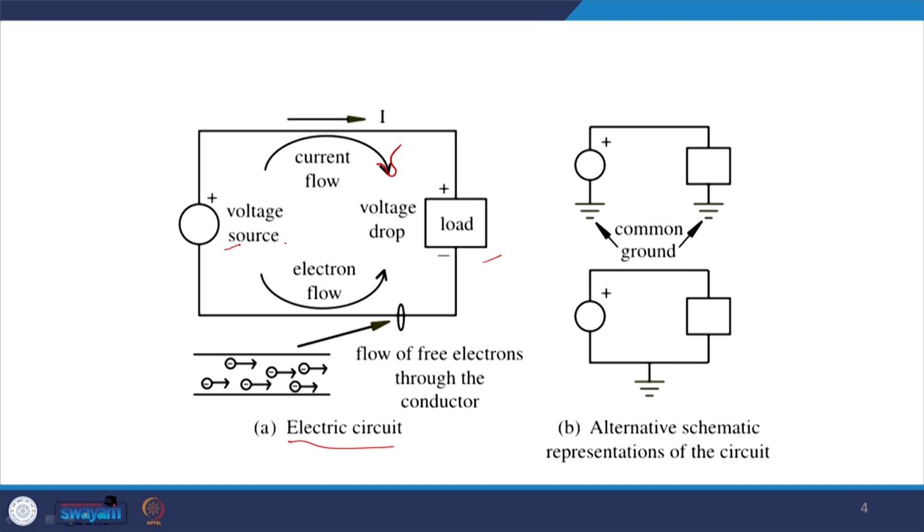There could be an alternate way of representing these circuits. Here we have a source and a load, and one end is grounded. Or it could be represented in this way, where rather than a separate ground, we have a common ground.